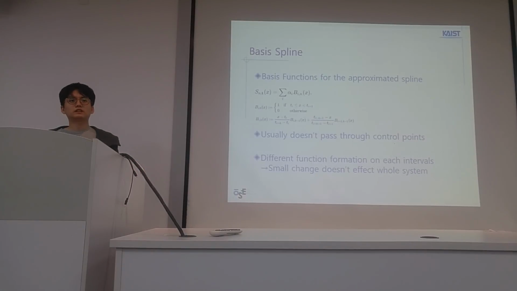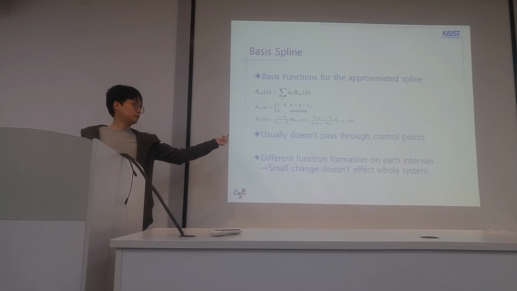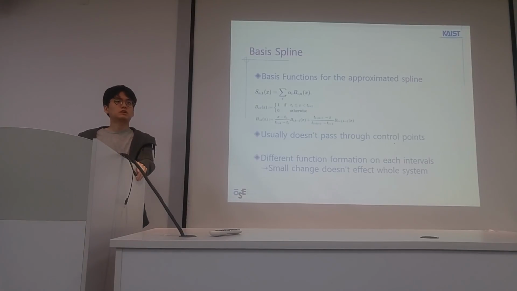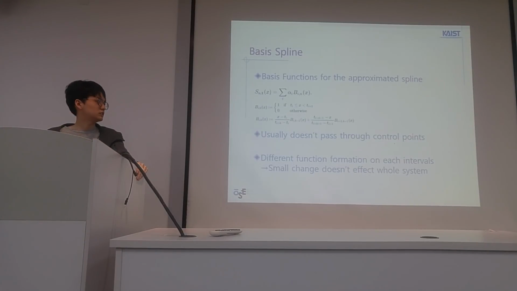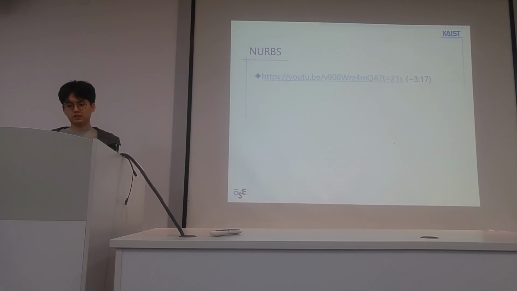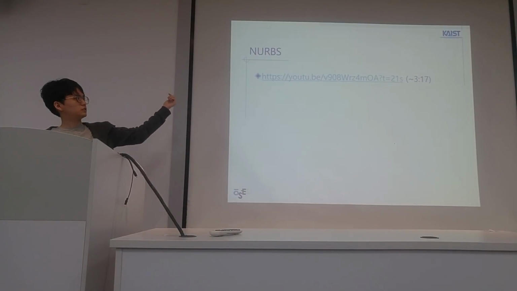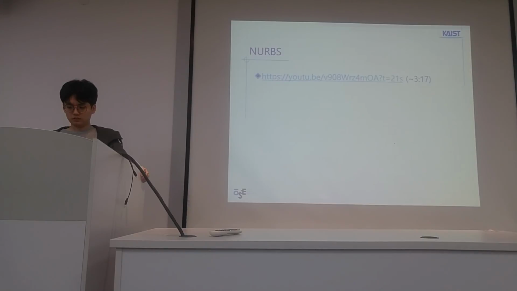One of the main characteristics of this spline is that the function formation of each interval is different, so a small change in a small area wouldn't have a big effect on the whole system. From this basis spline, the method NURBS was developed.